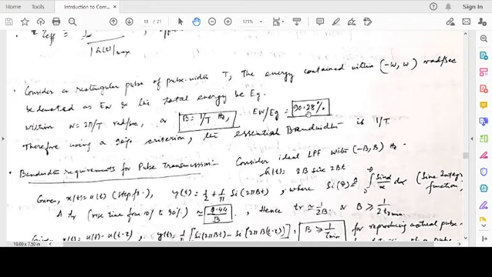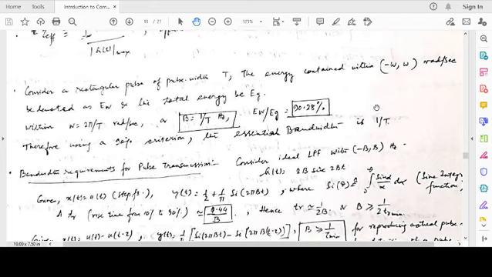So we say that is the essential bandwidth of a rectangular pulse of width T, which is 1 over T, based on the criteria that the total energy content within that band is at least 90%. With other, more stringent requirements, you will have an essential bandwidth which is much greater than 1 over T.